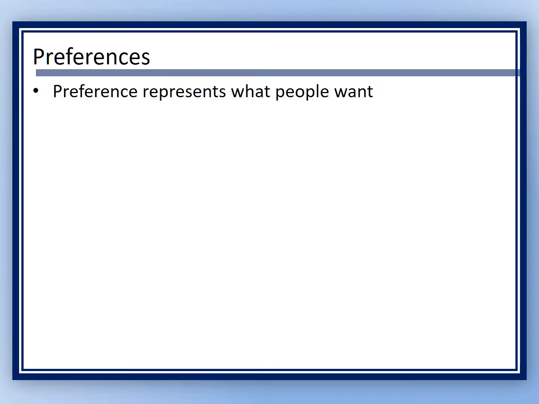So preference represents what people want. That's what preference is, what you want. And in economics, preference is expressed as binary relationships. So in economics, preference is not whether you like something.